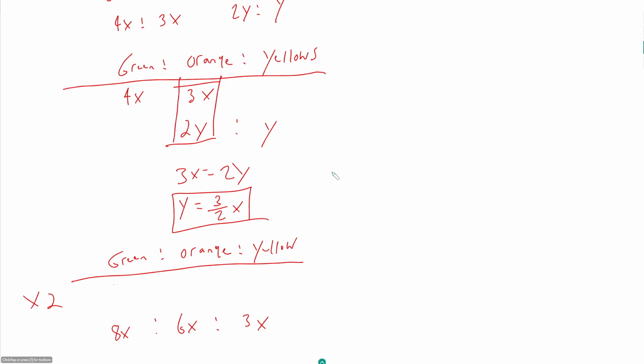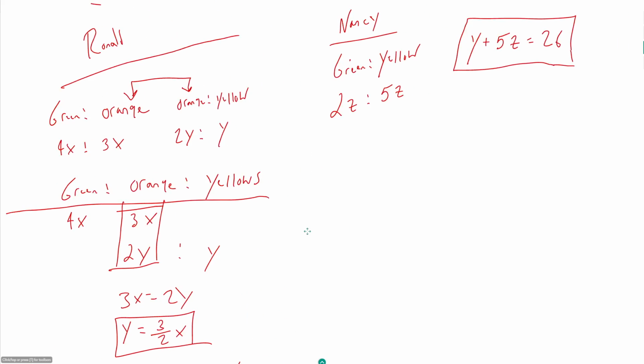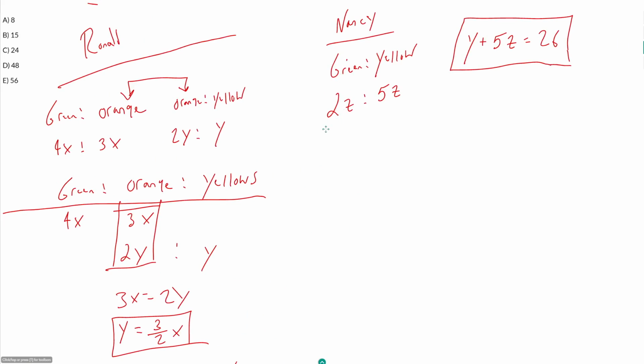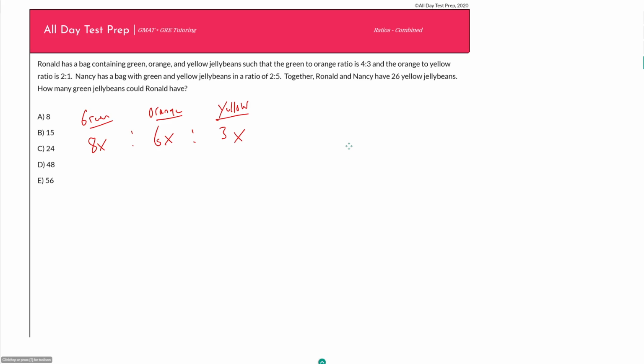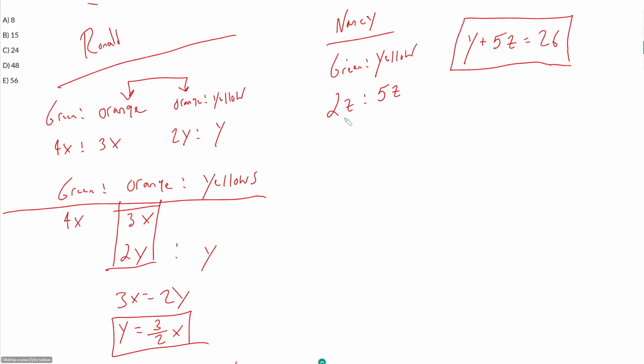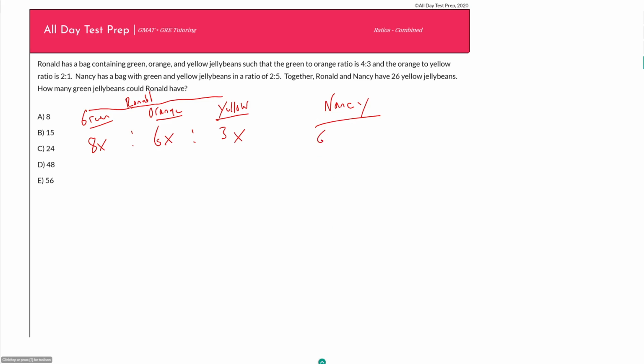Then we got to bring in Nancy. Green to yellow, 2z to 5z. So this is Ronald. Then Nancy, 2z to 5z.